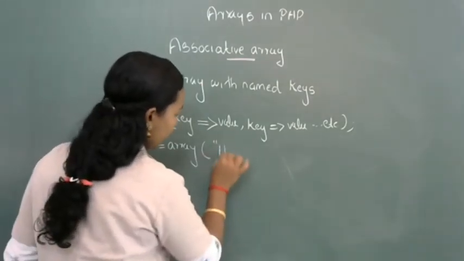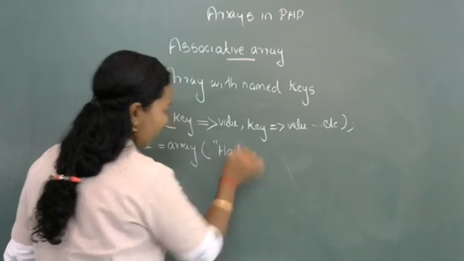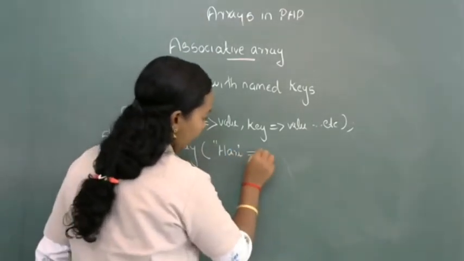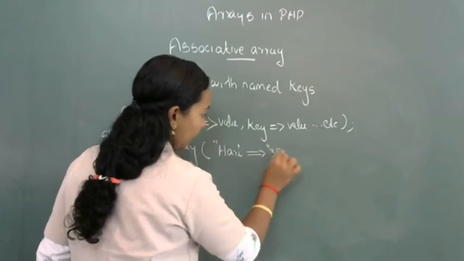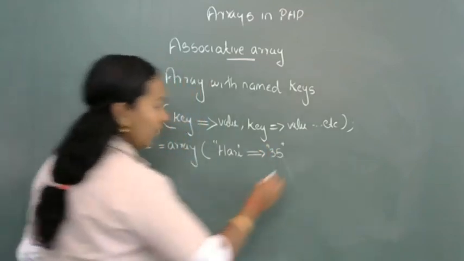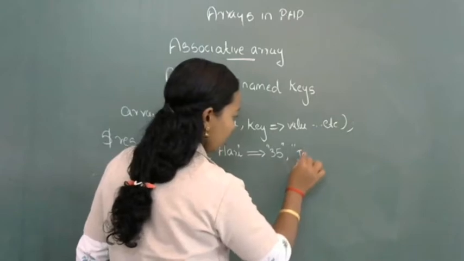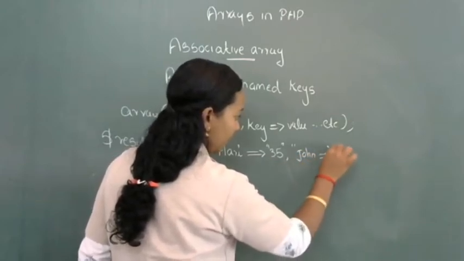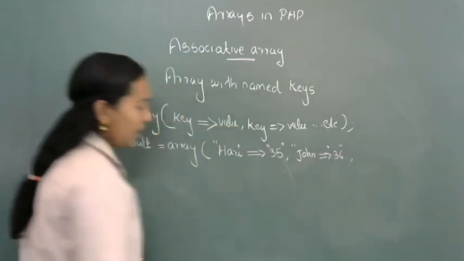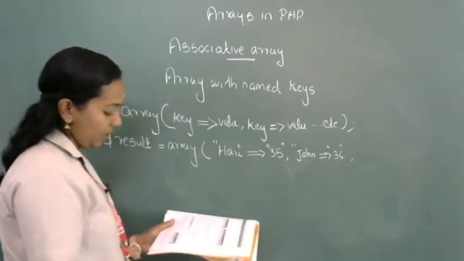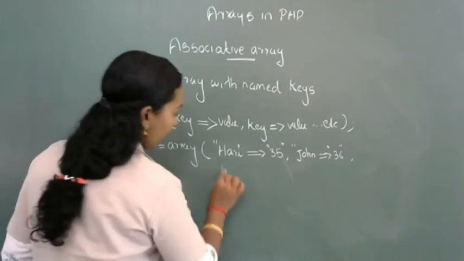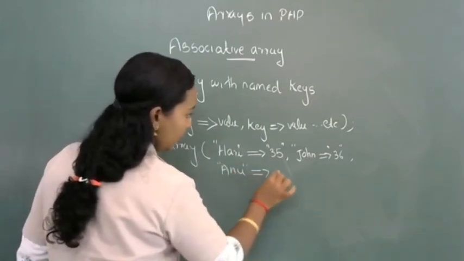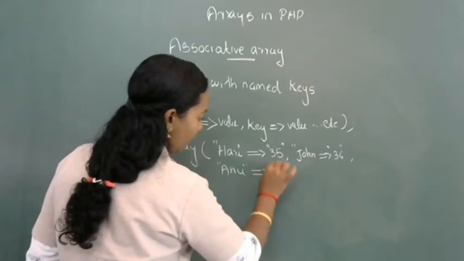First student is Hari. Marks of Hari is 35. Second one John, mark of John is equal to 36. Then Anu, mark of Anu is equal to 34.